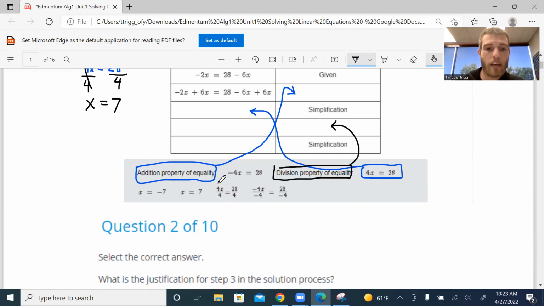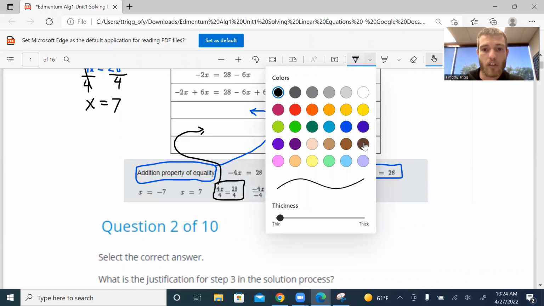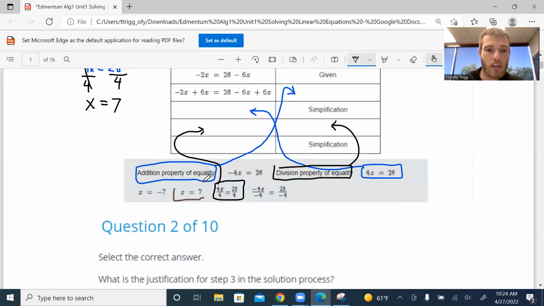And we need to show that division, so this one goes here, okay? Then we simplify and we have our answer. So our answer will go on the very last one. Hopefully it's not too confusing with all these lines and arrows, but yeah, that would go here.